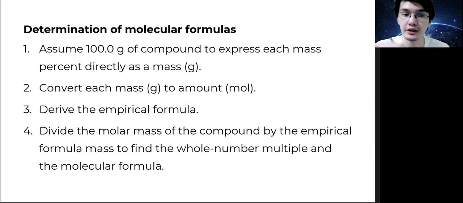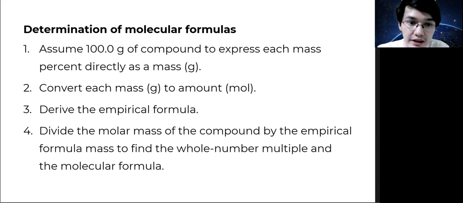Then for molecular formulas, there is a different set of steps to solve it. So first we assume 100 grams of the compound to express each mass percent directly as a mass in grams. So we convert them to moles. Then we follow the steps previously to determine the empirical formula.